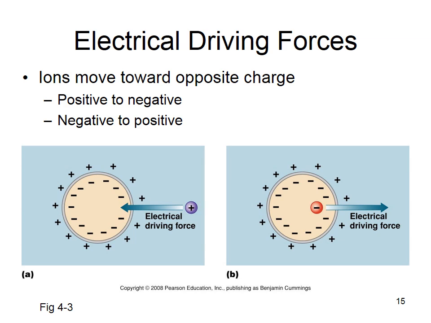How about potassium? Chemically, which way does potassium want to go? Into the cell or out of the cell? Out. So my solid arrow is pointing out. How about electrically, which way does potassium want to go? Into the cell or out of the cell? Into. So this means potassium has opposing electrochemical gradients.